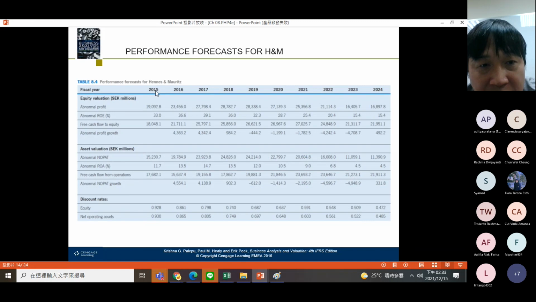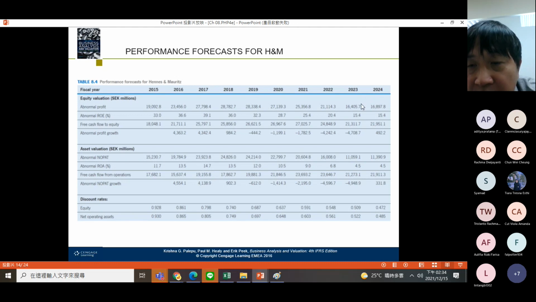We can start from 2015 to 2024, 10 years. Over time, at 2024, you want to get the estimation of the terminal value.